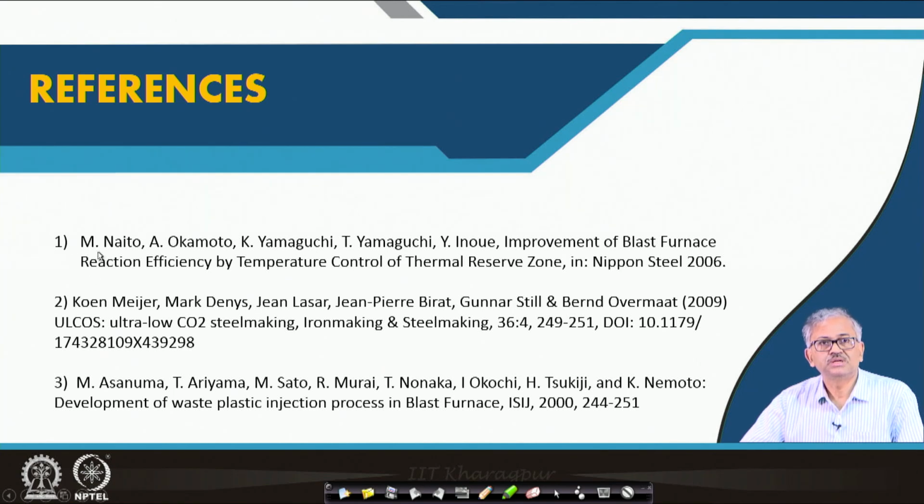This is the reference by NATU, a Japanese paper. Another is the plastic injection from the Japanese, and then top gas recycling. You can go through this report on iron making and steel making, from MEFOS and ULCOS, that is the ultra low carbon dioxide steel production. There is a ULCOS publication.